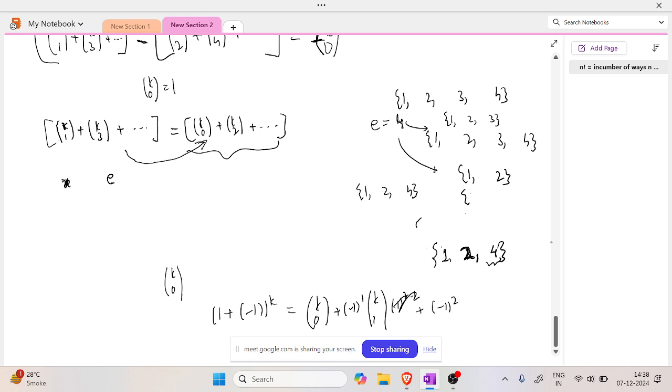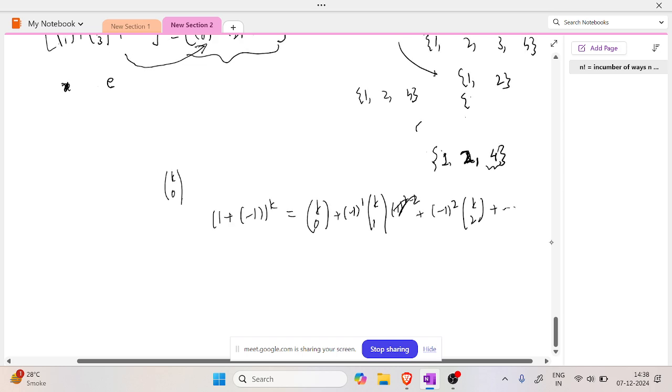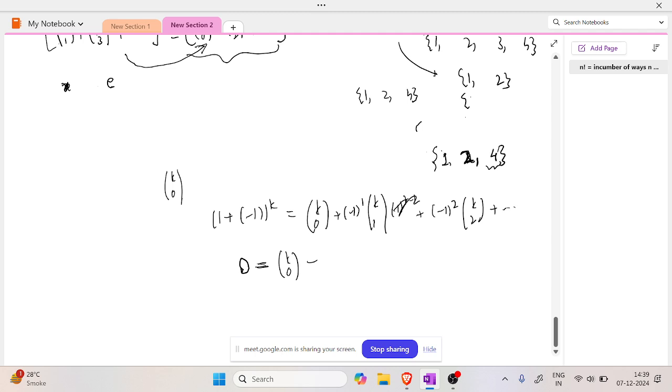Plus (minus 1) to the 2 times kC2 and so on. And expanding this using the binomial theorem, this means that 0 is equal to kC0 minus kC1 plus kC2 and so on, which is basically what we wanted.